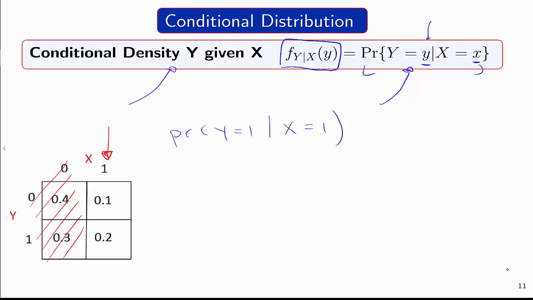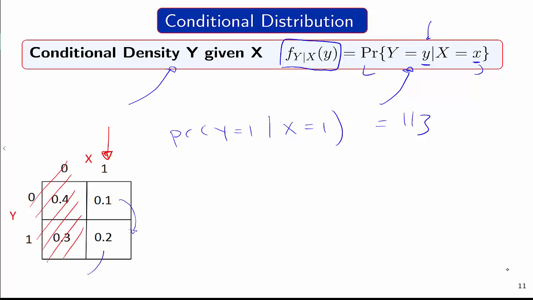We now know that x equals 1 occurred, so we can work out the likelihood of y equals 1 and x equals 1. Well, in the world where x equaled 1, there is twice as much chance of y equaling 1 as y equaling 0, so we should expect this to equal a third.